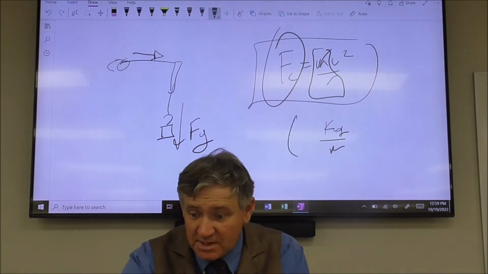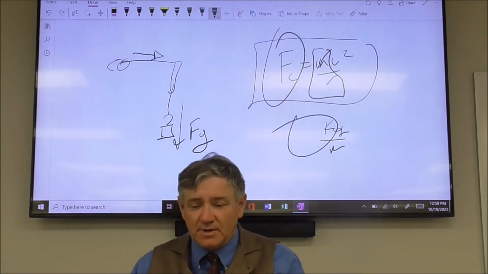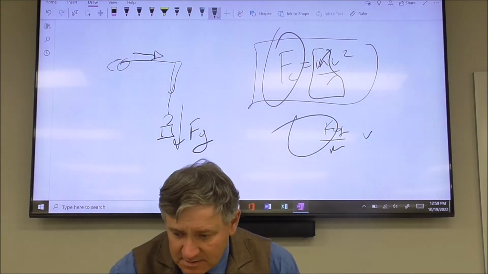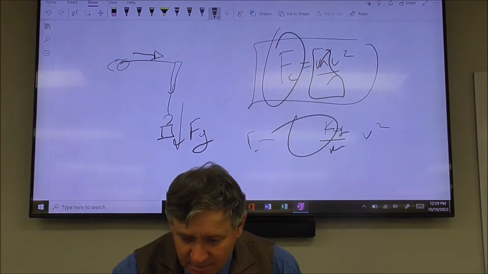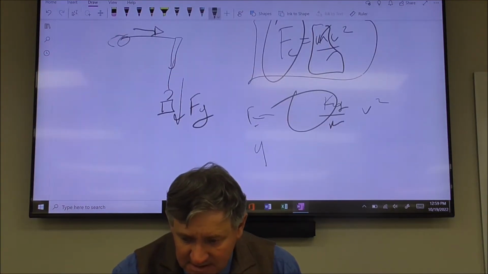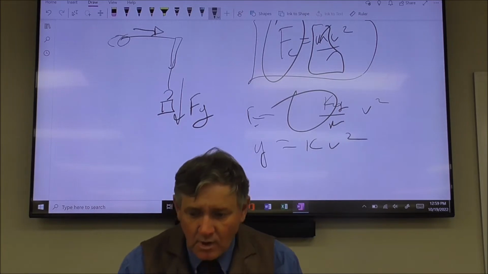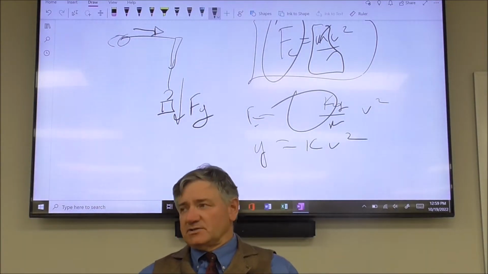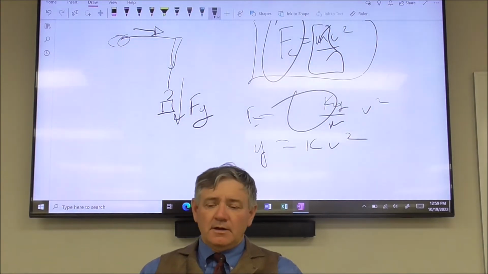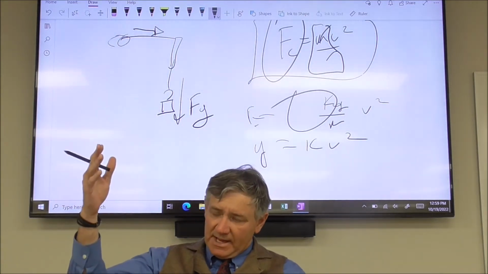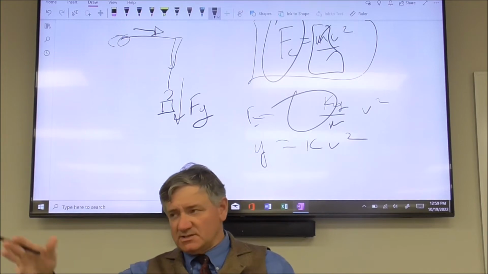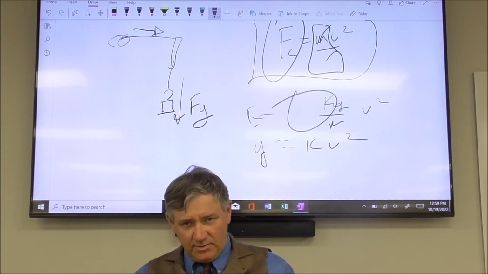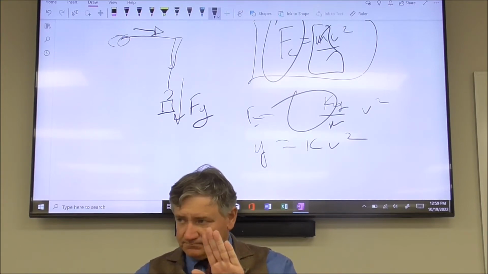This would be a number. And then times v squared equals centripetal force. So if you're in a math class, this is basically y equals kv squared. That's it. It's a quadratic equation. So what this means is that your centripetal force changes as a function of velocity squared. Cool with that? We're good.